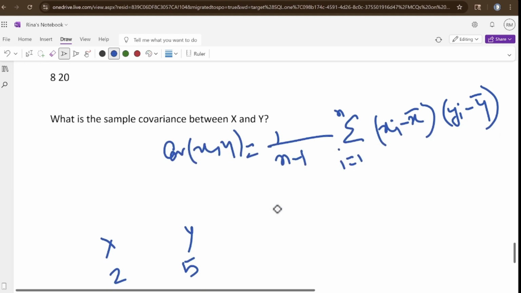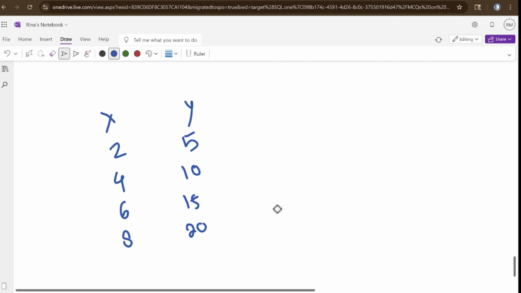Now see the formula. You have to calculate x bar and y bar. x bar means the mean value of x: 2 plus 4 plus 6 plus 8, which is 20, divided by 4. So this is 5.